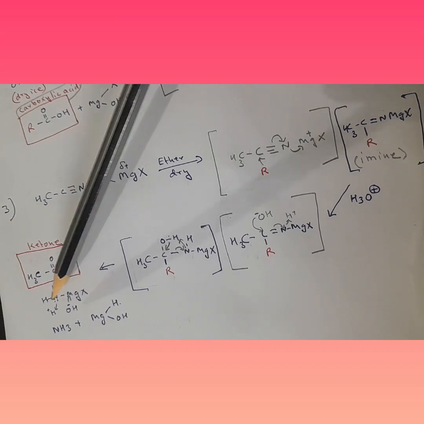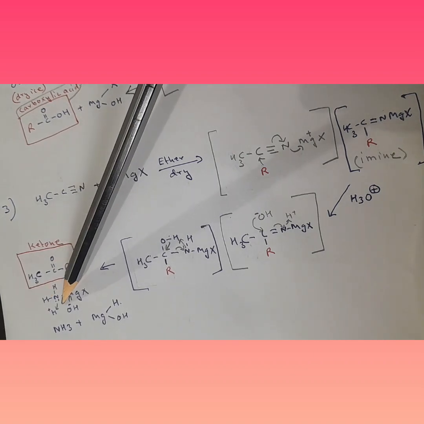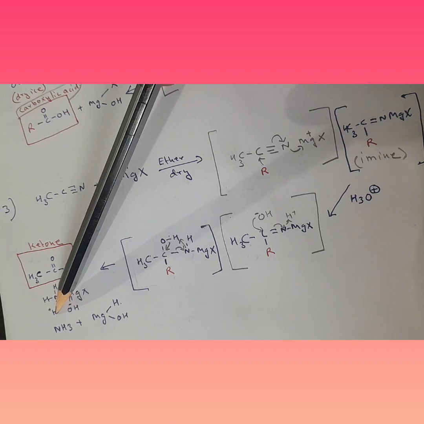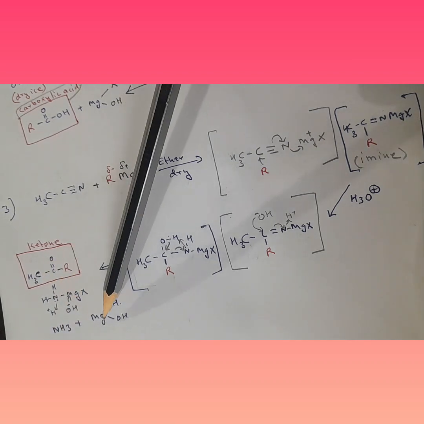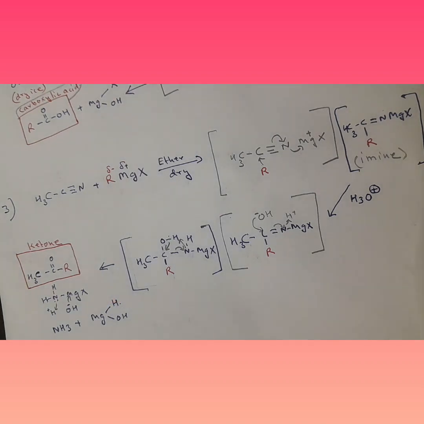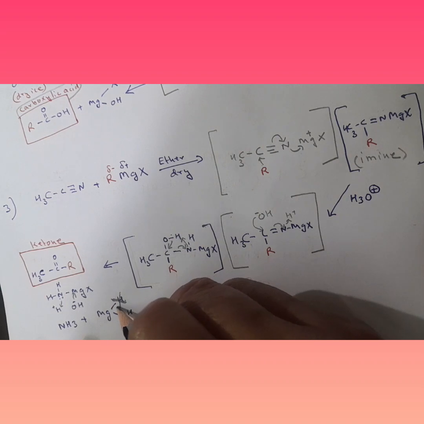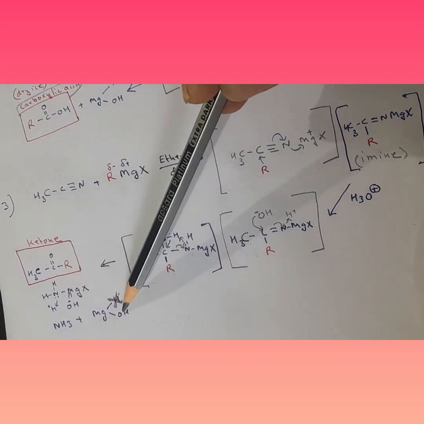Now we have got this NH2MgX there. Again further hydrolysis occurs, N picks up hydrogen, forms stable ammonia, and OH attacks here to form MgXOH.